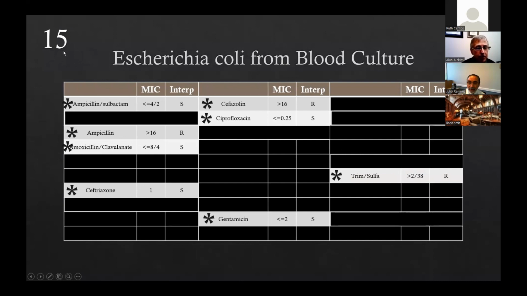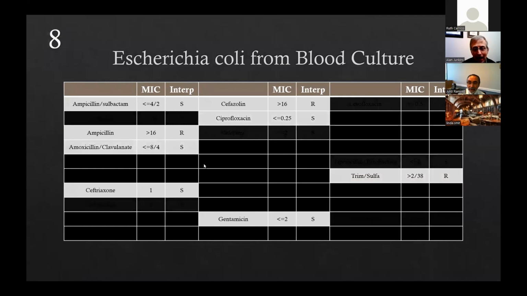So now I went from 29 to where we now have 8 that are actually going to get reported. And only 5 of those are actually susceptible. So instead of giving you 29 drugs, we're giving you basically 5 drugs to choose from, which our antimicrobial stewardship team would say are all appropriate to use.